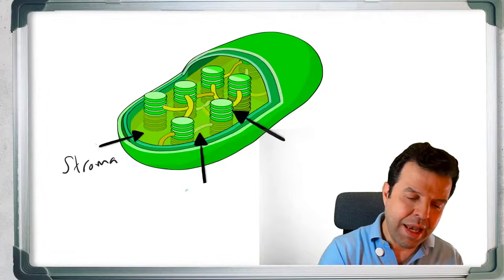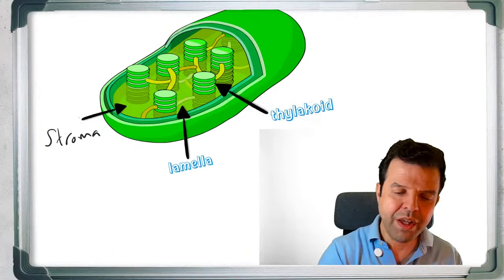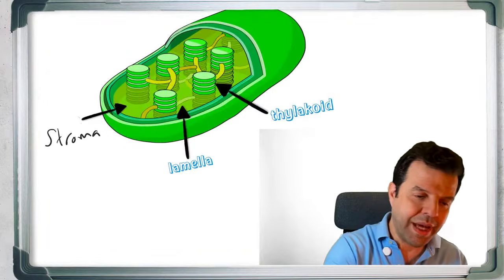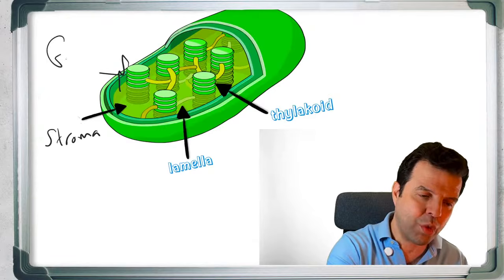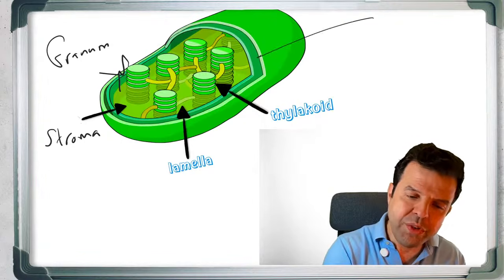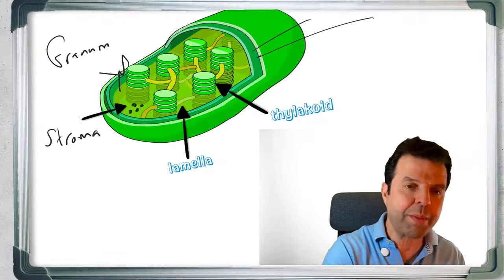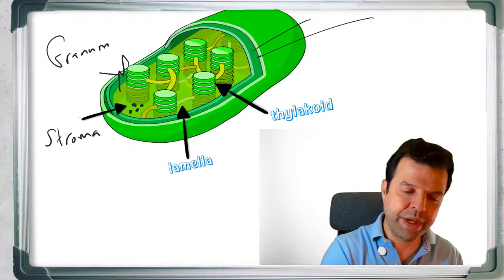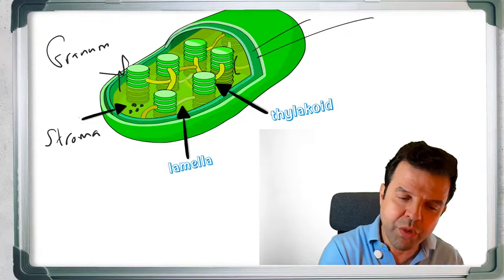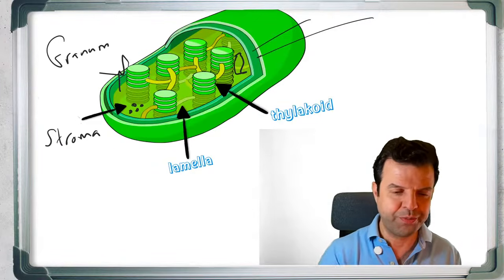We got lamella. We got thylakoid. And a stack of it is called granum. Grana in plural. There is always a double membrane. There are small ribosomes. And there is always some circular DNA inside, reminding you of its origin.